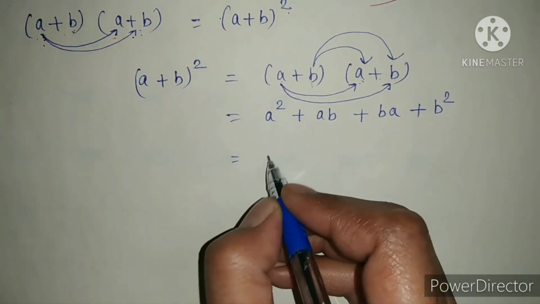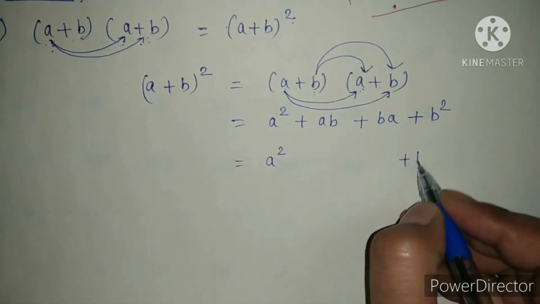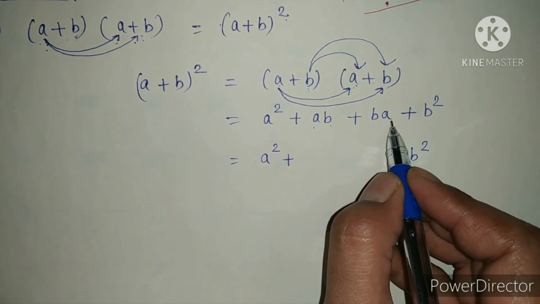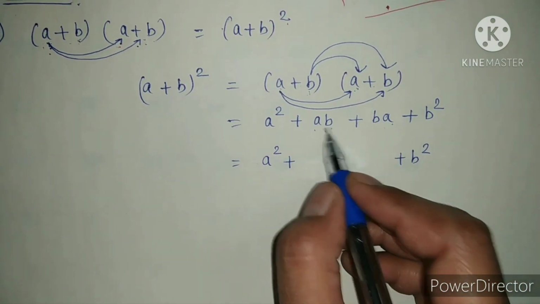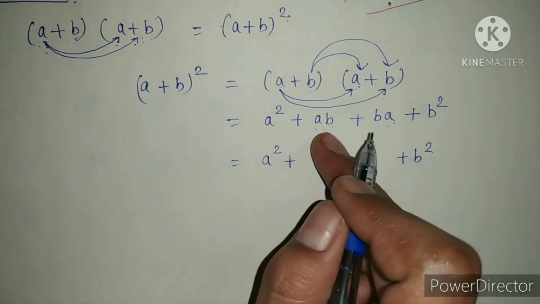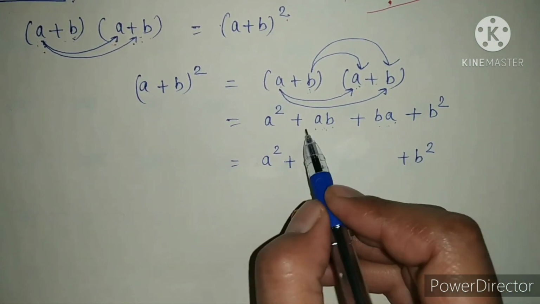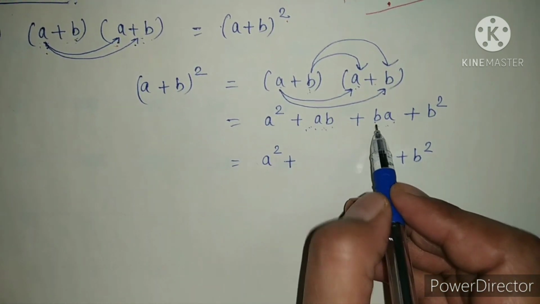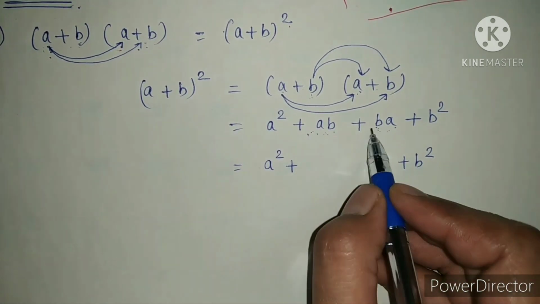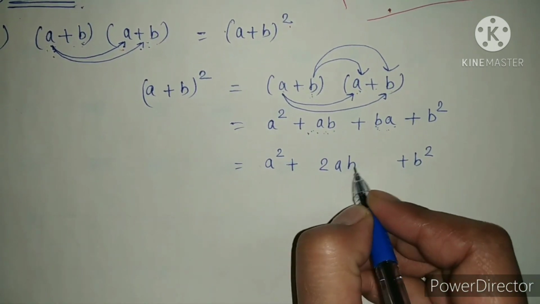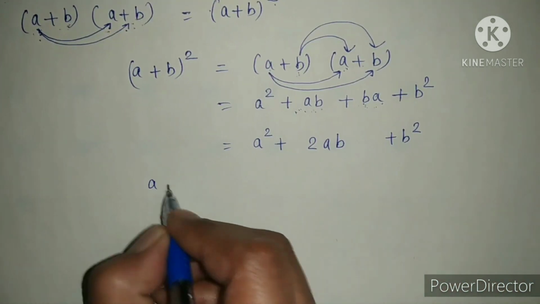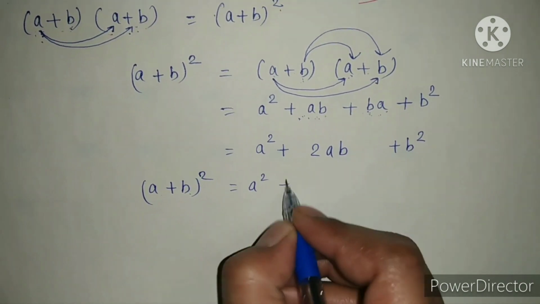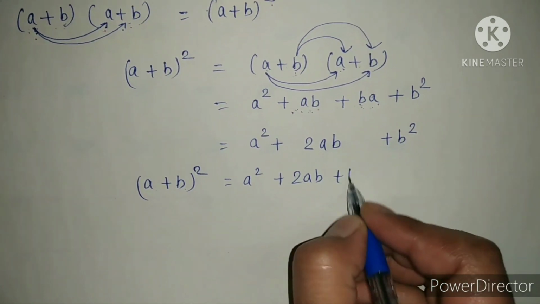You can see a square and b square are as they are, but ab and ba will be the same because the order is different, but their variables are the same. So ab is 1 time and ab is second time, so 1 plus 1 is 2ab. So our first identity is (a plus b) whole square is a square plus 2ab plus b square.